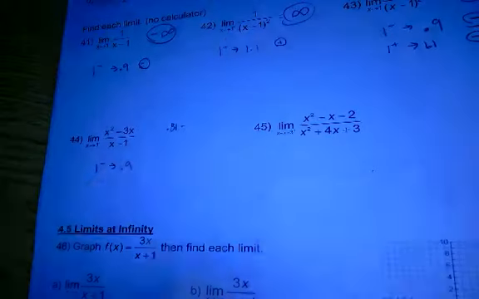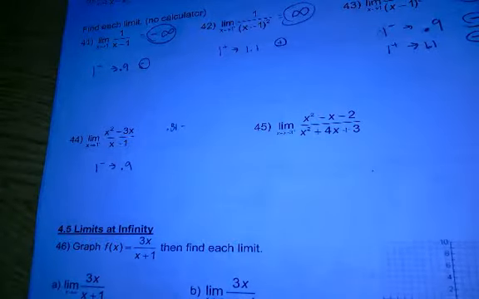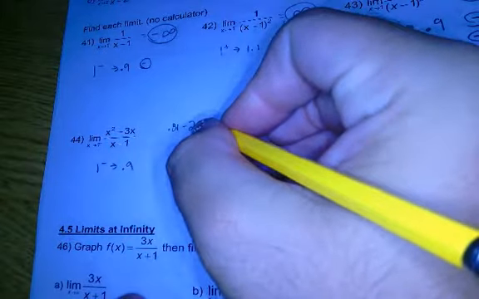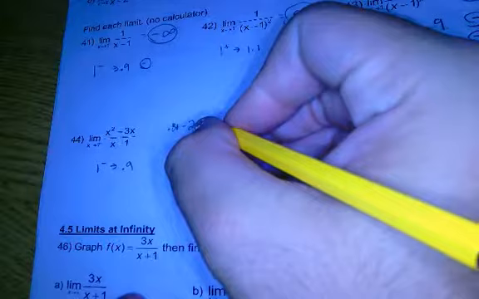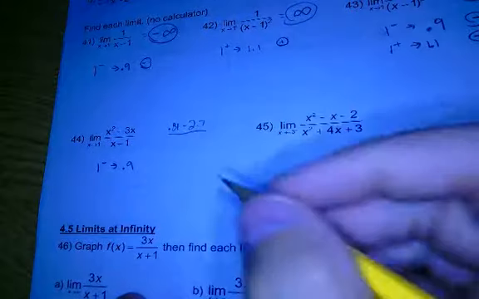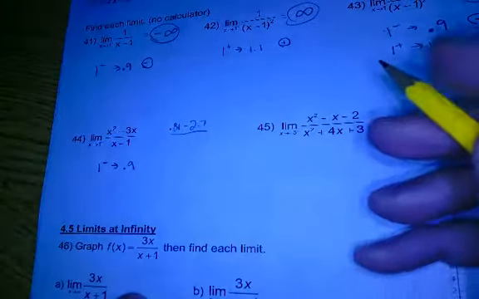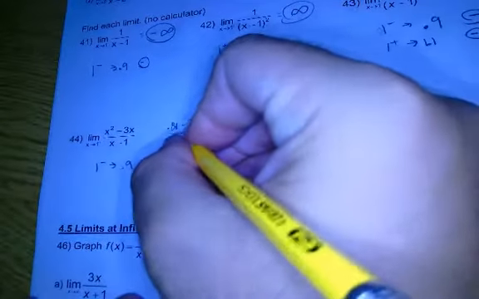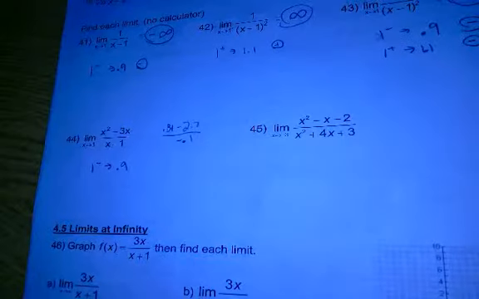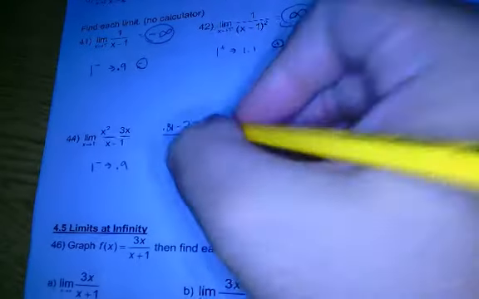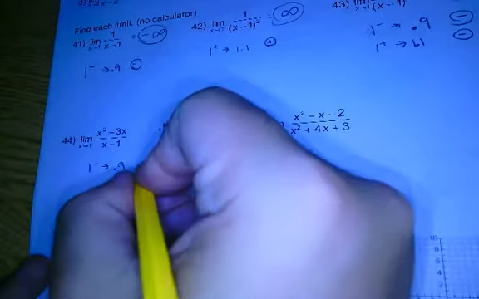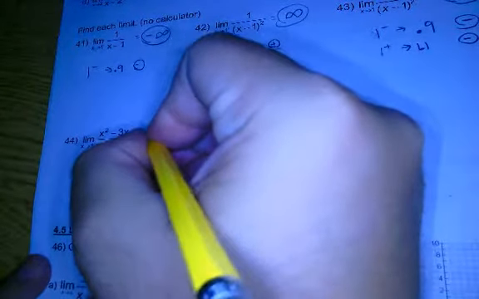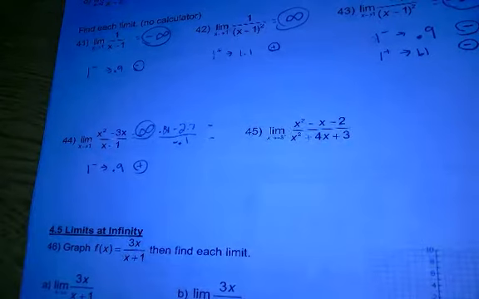Like a 0.81 minus, what's 3 times 0.9? 0.27 or 2.7? 2.7. I heard someone say each of them. And then on the bottom, I'm going to get 0.9 minus 1, which is negative 0.1. The top is positive or negative? It's going to be negative. The bottom is negative, so the answer is going to be positive. So my final answer is positive infinity.